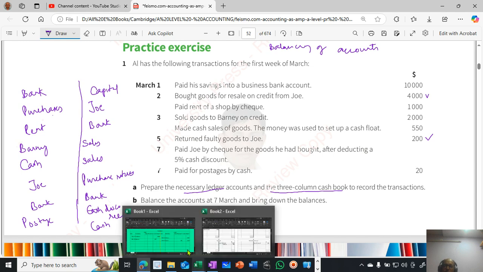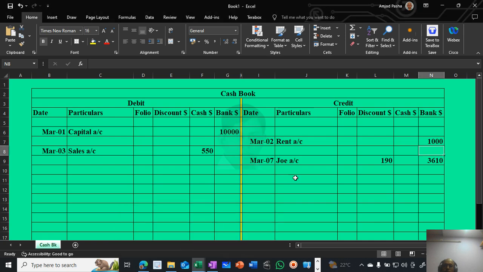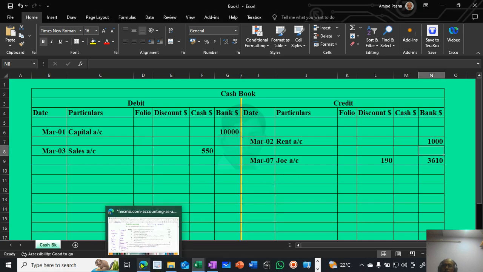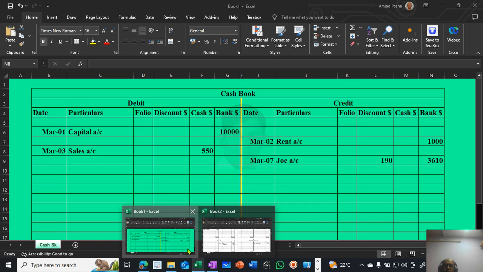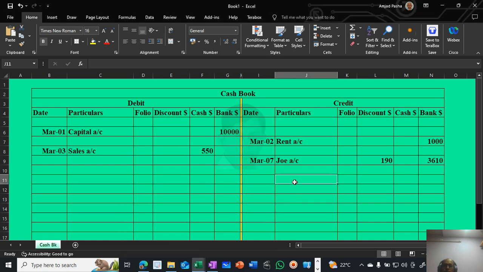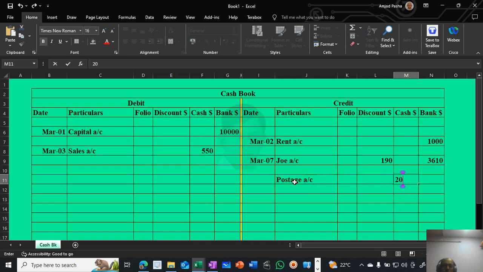So paid for postage by cash, what date? 7th itself. Postage account, by cash 20.